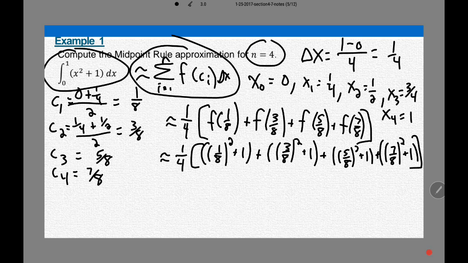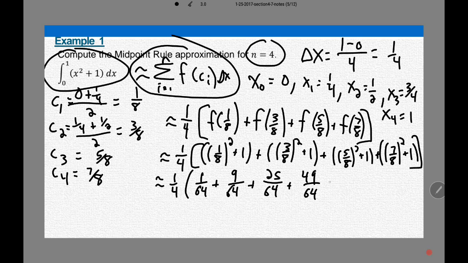Alright, so doing the math, you'll see I've got 1, 2, 3, 4 right there, and I'm going to leave all these as fractions. So 1/8 squared is 1 over 64, 3/8 squared is 9 over 64, 5/8 squared is 25 over 64, and 7/8 squared is 49 over 64, and then it's plus 4.